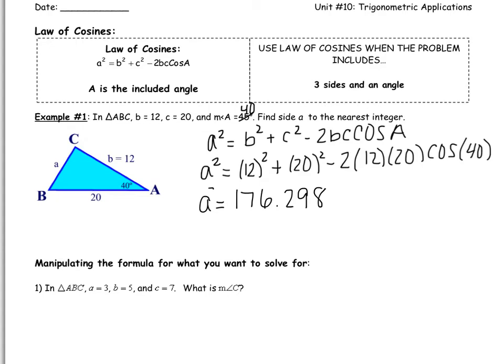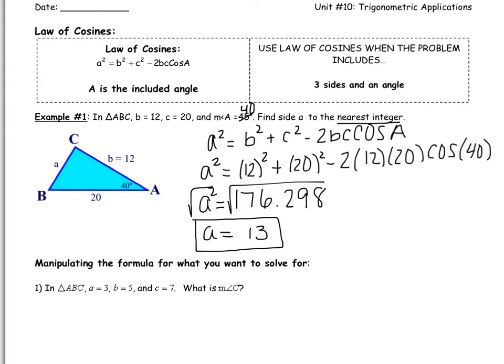And then, I'm sorry, that's A squared. Then we need to take the square root to get A by itself. So second square root, second answer, you get that A is about 13.2, but it says round to the nearest integer, so about 13. So that was pretty easy, right? Plugging it into the formula.